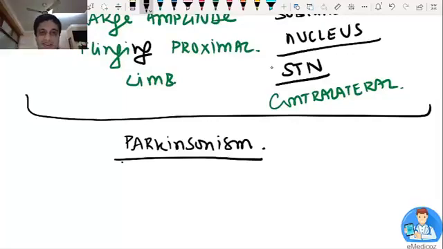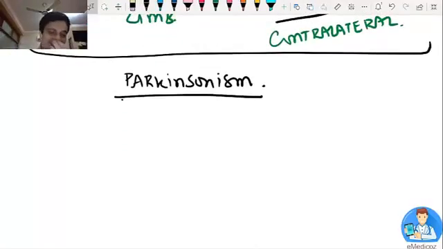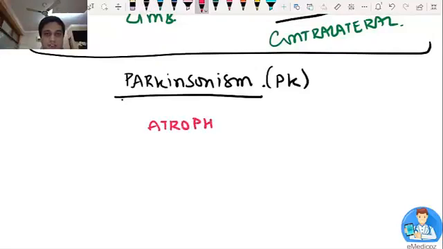Some people have named it Sunny Ballismus, that's fine. Parkinsonism is abbreviated as PK in most books and in my notes. Why does it happen? Remember the basics first. In Parkinsonism, there is atrophy seen in the brain. It's a neurodegenerative disorder and atrophy occurs.